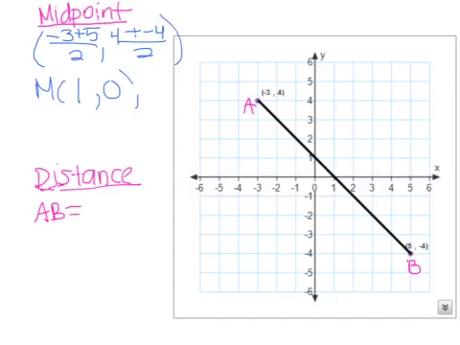So point M would be at 1, 0, which is right here. Now, in order to find the distance, by making a right triangle, this is one way which we can find the distance.